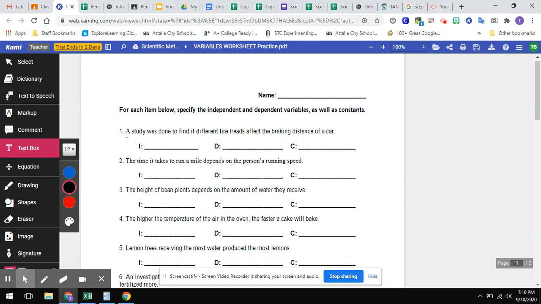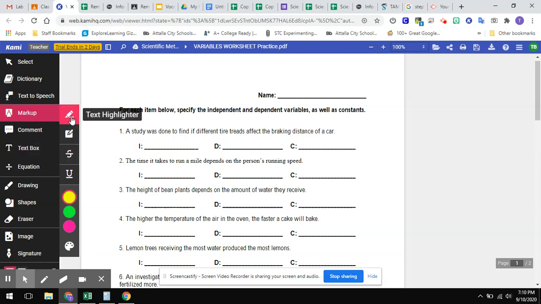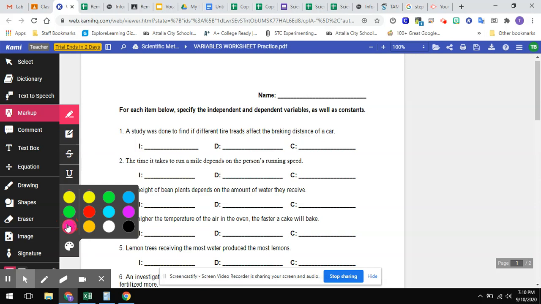So we're going to start here with number 1. And with number 1, it says that, let me get my little highlighter going. It says that a study was done to find out if different tire treads affect the braking distance of the car. So I'm starting with my independent variable. So what is it that I am in control of when I'm testing this?